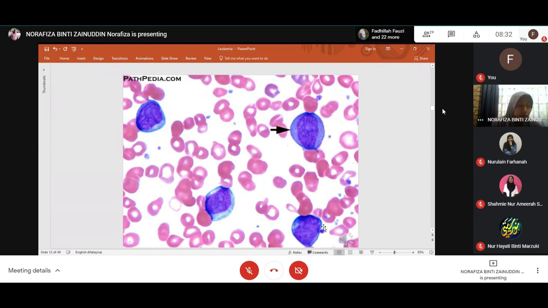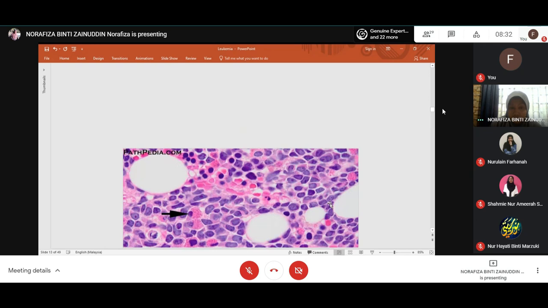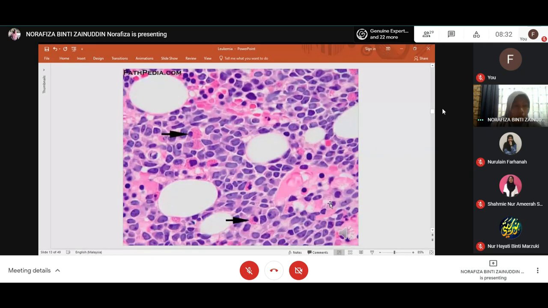So we move on to slide 13. There is a notable eosinophilia in the blood smear here, so you can see increased numbers of mature eosinophils.